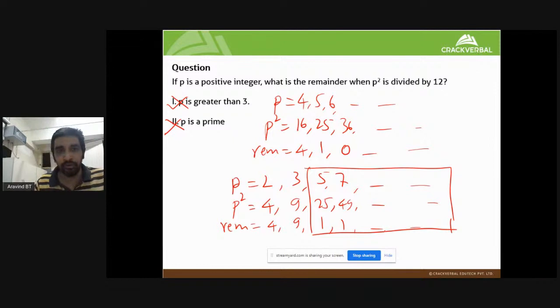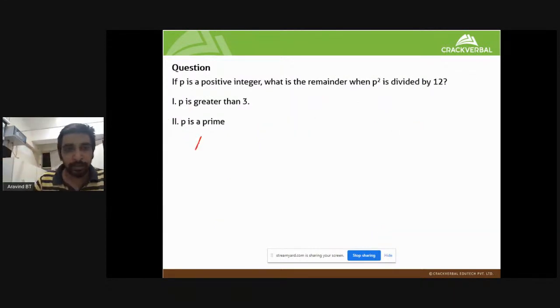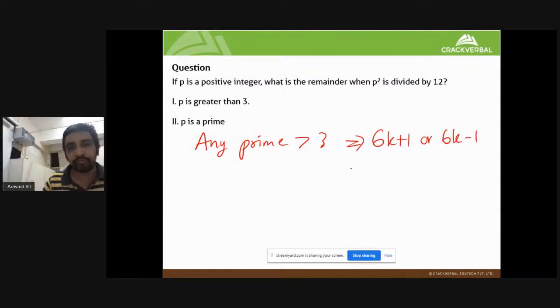Why does this happen? What is the reasoning behind this? Because, as one of you mentioned, Kalyan, great. Any prime number greater than 3. Remember, when you combine the statements, you're telling that P is a prime number greater than 3. When this happens, any prime more than 3 can always be expressed in the form of 6k plus 1 or 6k minus 1.